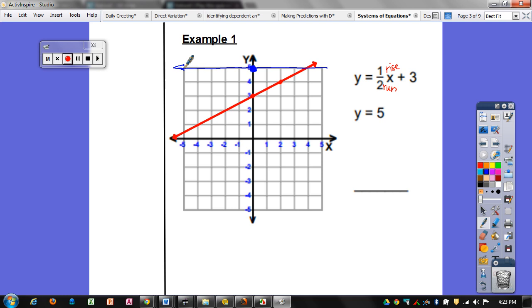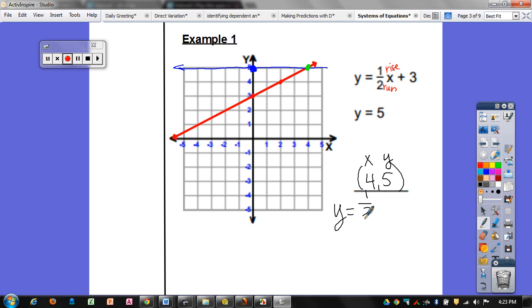So this point right here where they meet is going to be your solution. This is the intersection. And the solution for this problem is going to be the point (4, 5). You're going to check this by plugging in your x value and see if you get the corresponding y value.